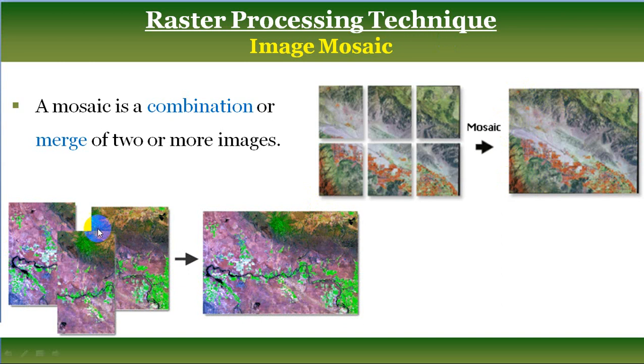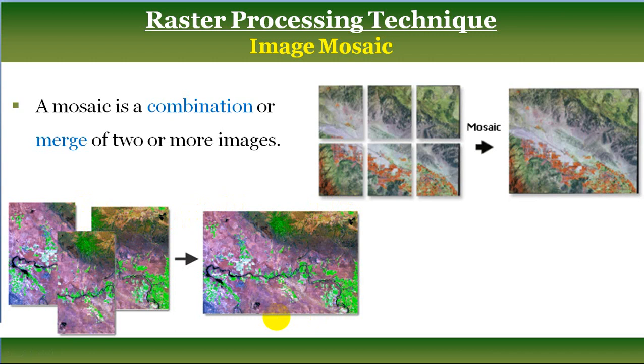In this case, images are overlapped. So not only adjacent, if you have overlapped images, that can also be merged and create a single image for your project purpose. So image mosaicing is another raster processing technique.